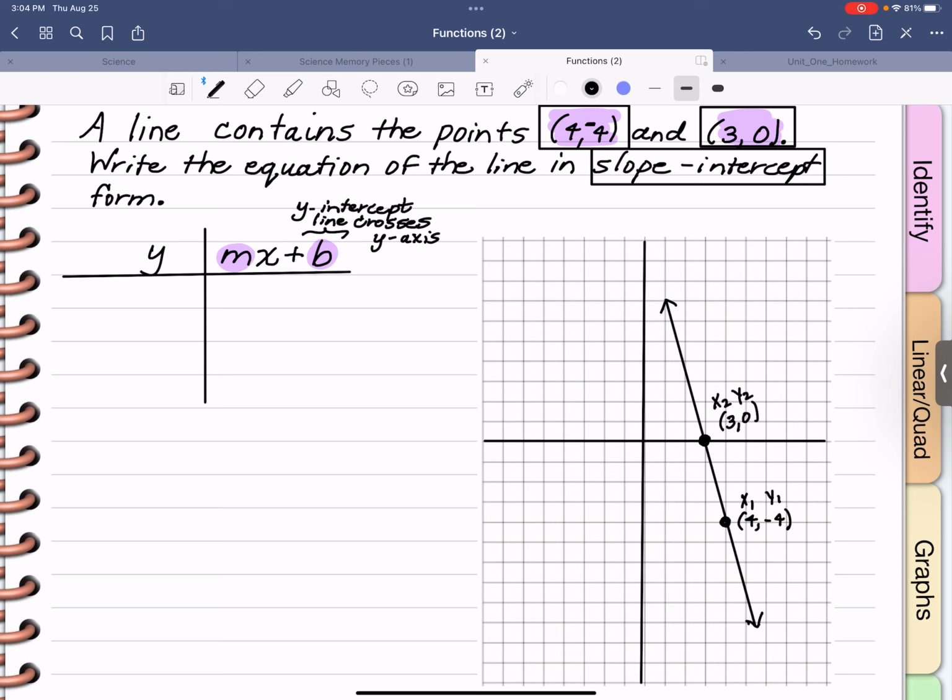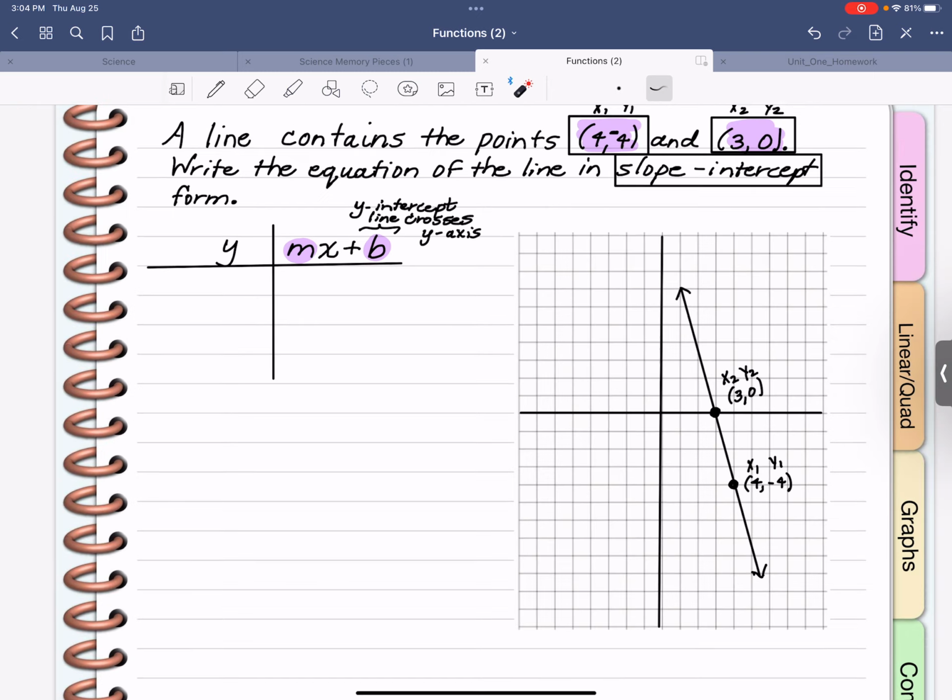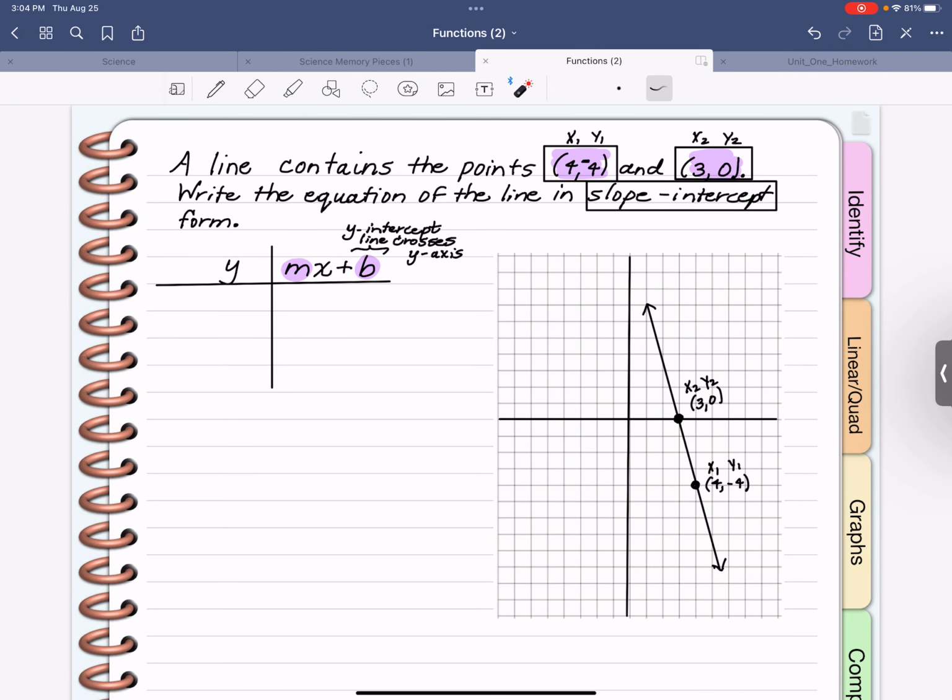So we do not know baby B. We could kind of predict where it's going to cross, somewhere right there, I would say. But we can't know that without doing some math. So we're going to have to do a little bit of work to find the m. We need to know the slope, and we need to know the y-intercept, the baby B.